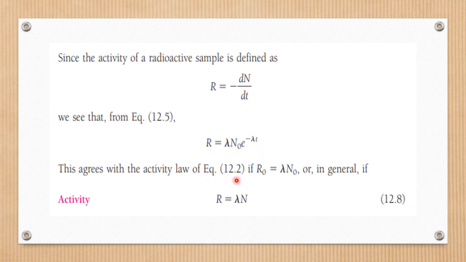This agrees with the activity law, R equals R0 e raised to minus lambda t, if R0 is equal to lambda N0. So in general, activity R is equal to lambda N. This is also a relation needed for problem solving.